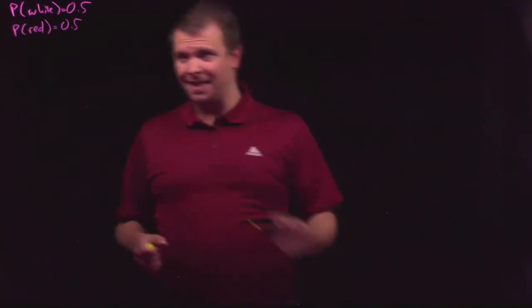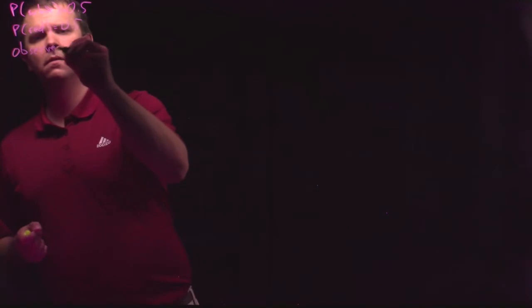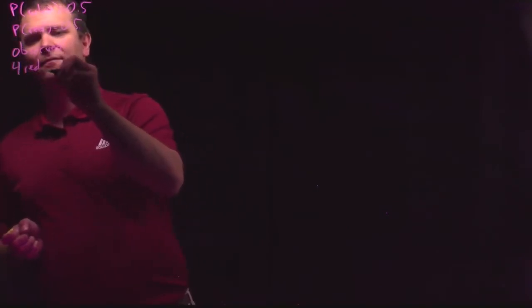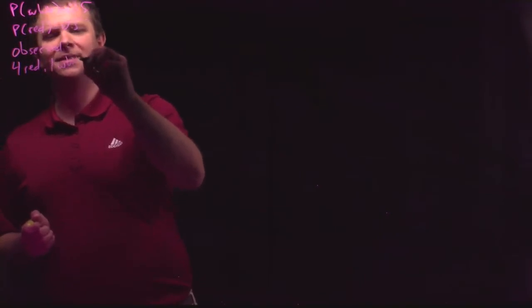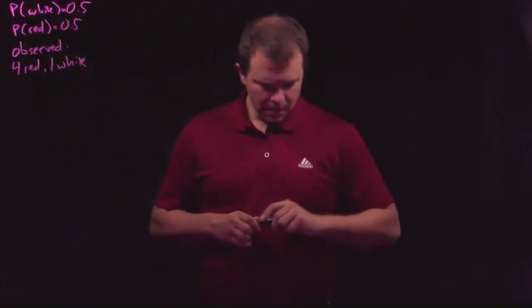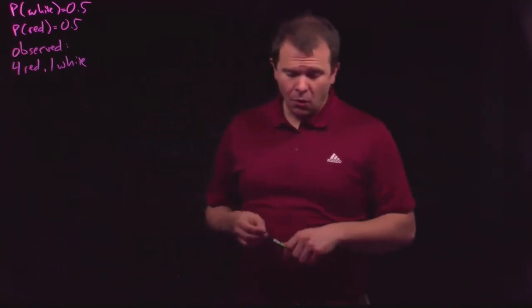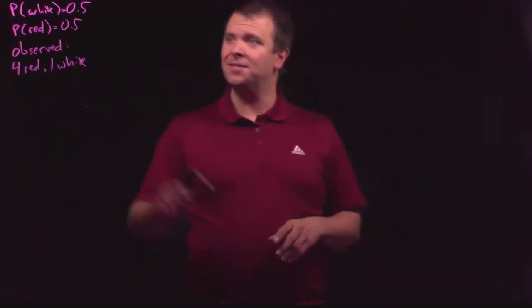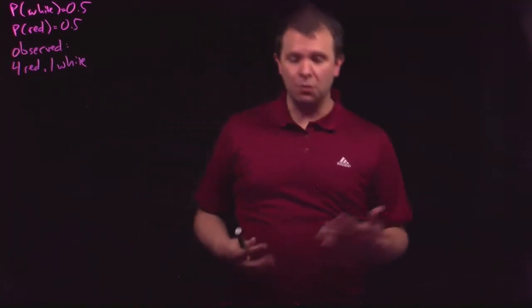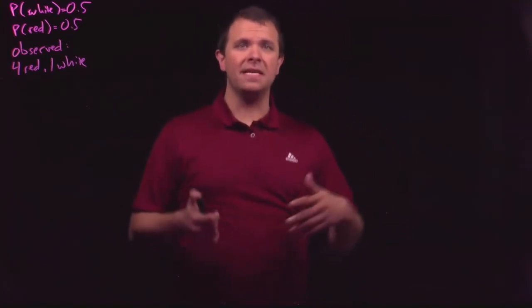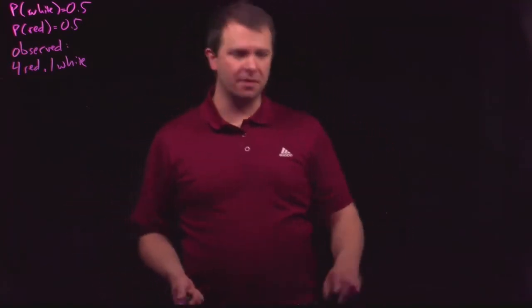But instead, what we've observed is out of 5 flies, 4 of them have red eyes, and 1 of them has white eyes. Did we just get unlucky? Or is there enough evidence to suggest that the usual Mendelian rules don't apply here, that they're being broken somehow?